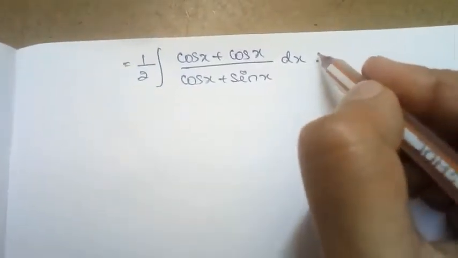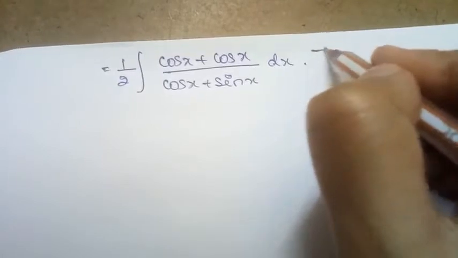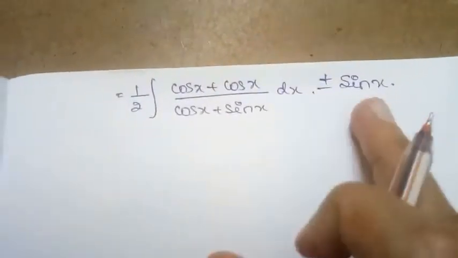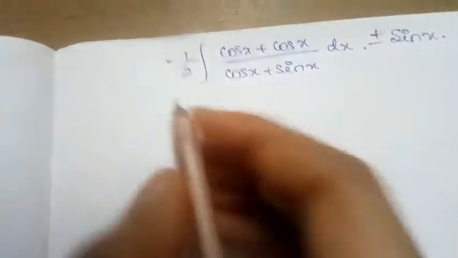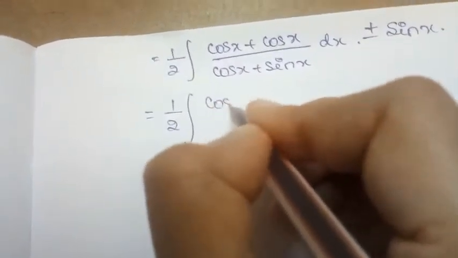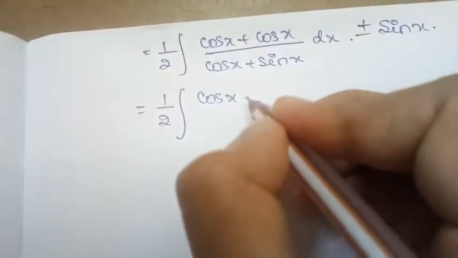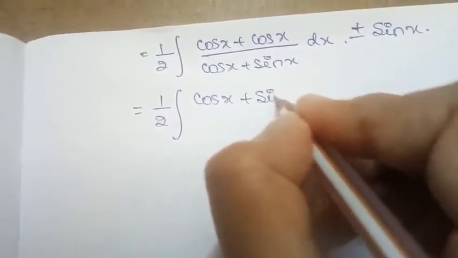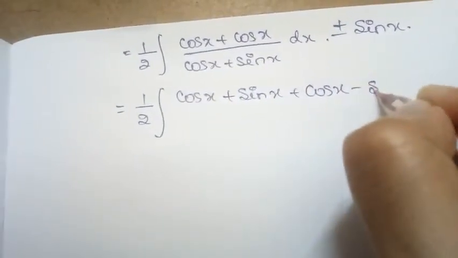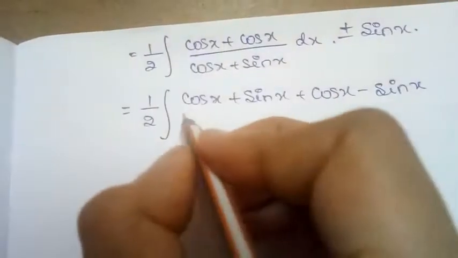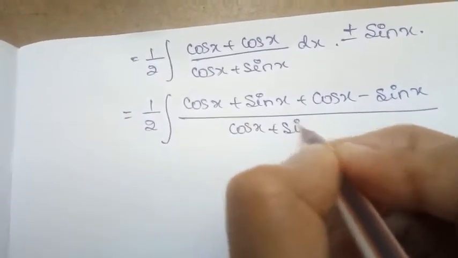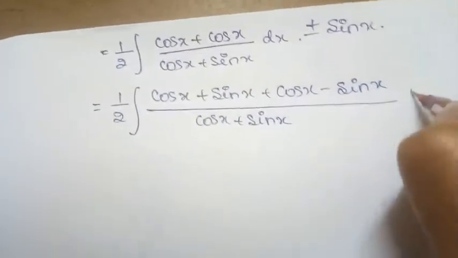Then in the numerator I am adding and subtracting sin x. If I add and subtract the same thing, there is no change in the numerator. So 1 by 2 into cos x plus sin x plus cos x minus sin x divided by cos x plus sin x into dx.